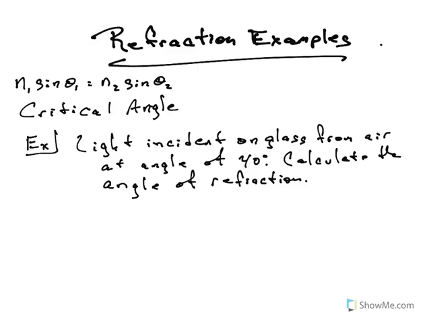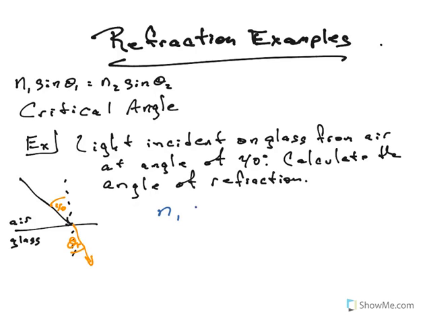So I'll draw a little picture just so we have in our mind what's going on. Here's the air, here's the glass. Light's coming in, hits the surface. The light comes in at 40, and it'll come out into the glass at some new angle called theta r. And I want to know what's this theta r.